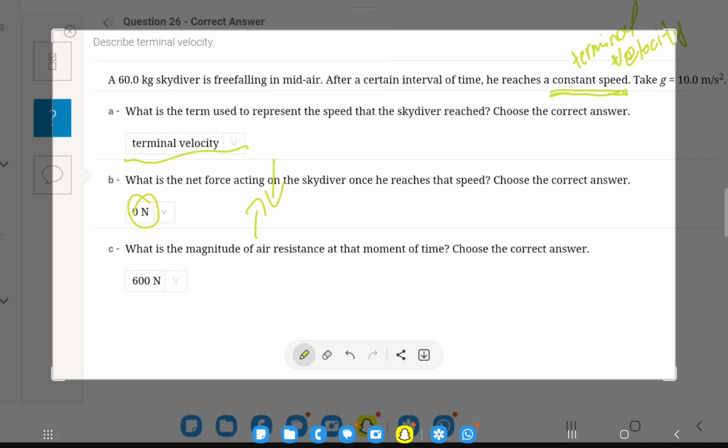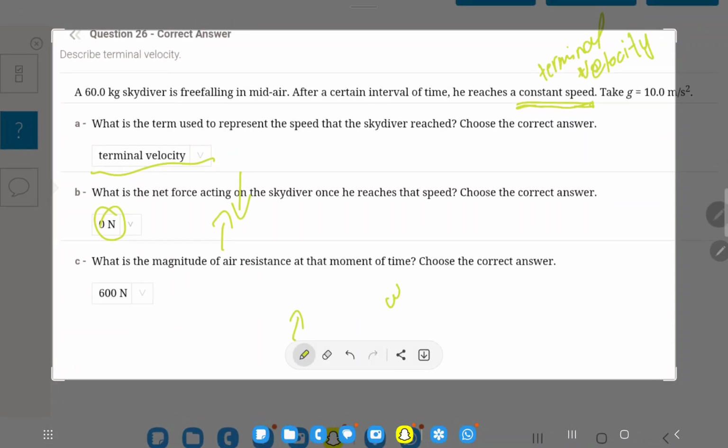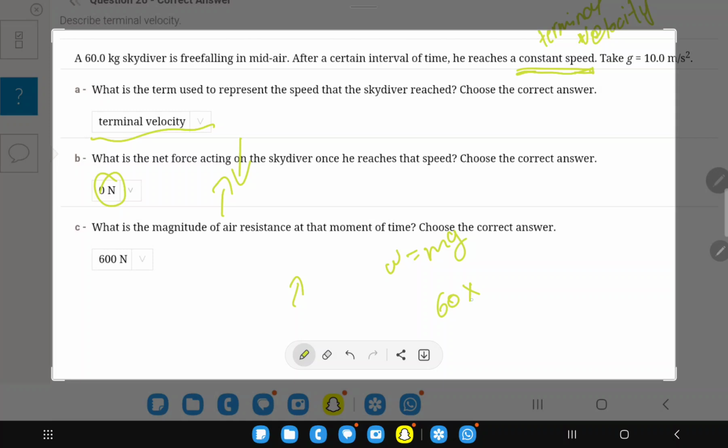So since the air resistance in terminal velocity cancels out the weight, and here the weight is W equals mg. M is 60, g is 10. We get W is 600 newtons. So he's falling down with weight 600 newtons, and we want the air resistance to cancel that with a net force of 0. So it's also 600 newtons.